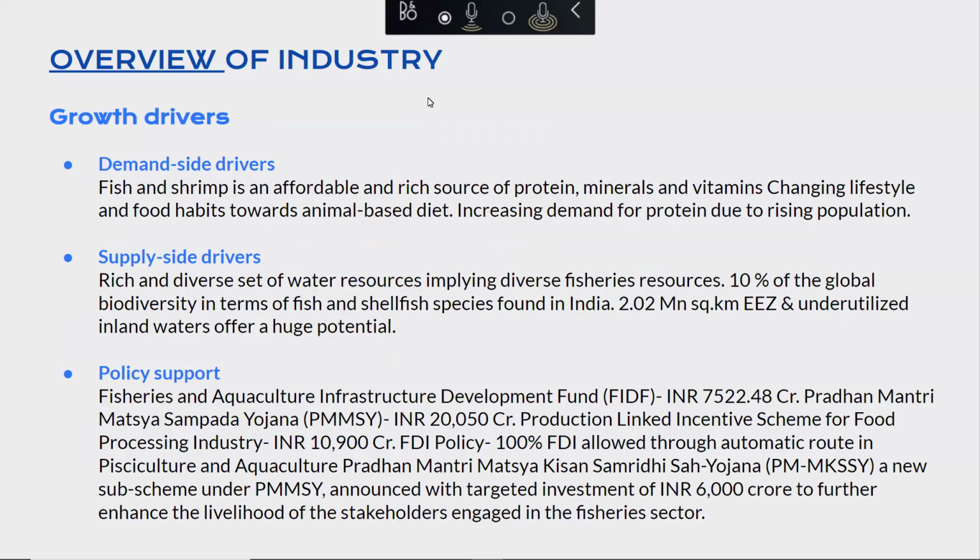What are the growth drivers of the Indian aquaculture industry? There is a huge demand for protein-based food. In the last few years, the lifestyle and food habits of people all across the world have changed, and there is an increasing demand for protein-based food and protein-based diet.